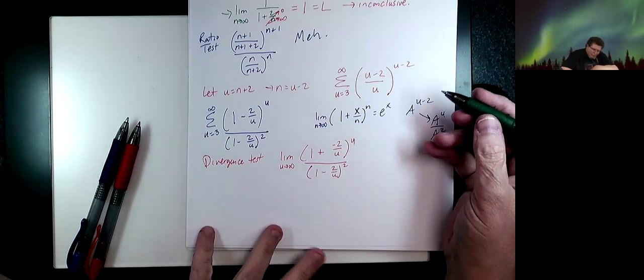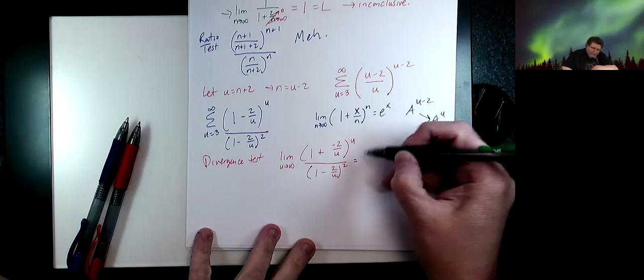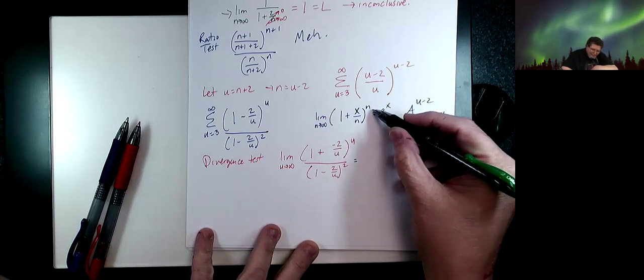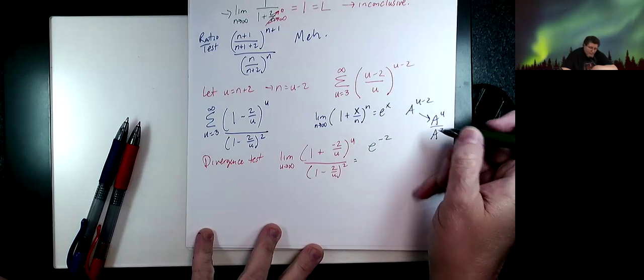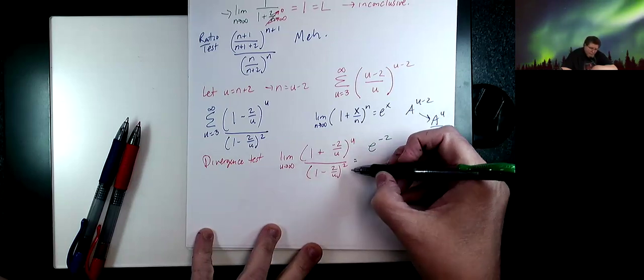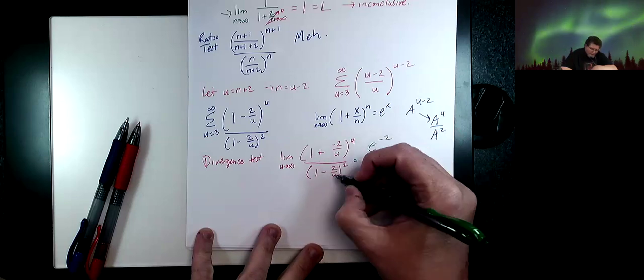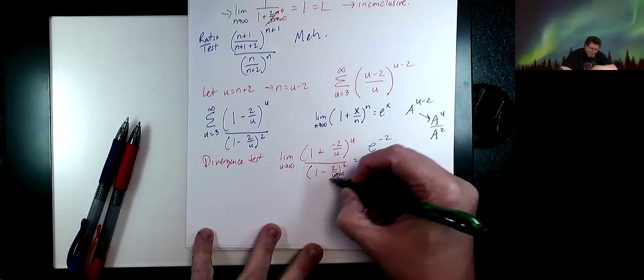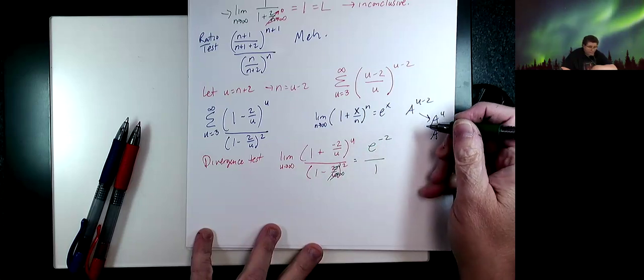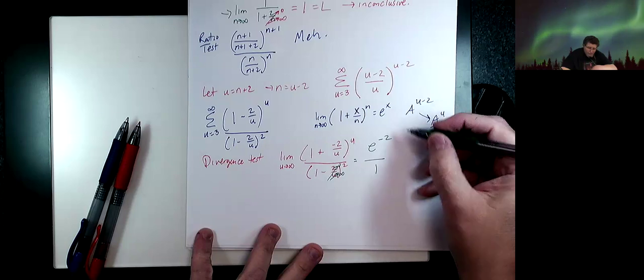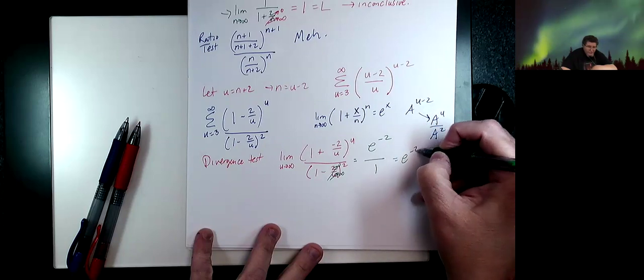All right, so this top part, following that, is going to be e to the negative 2. This bottom part, as u goes to infinity, this goes to 0, and the bottom goes to 1. So this equals e to the negative 2.